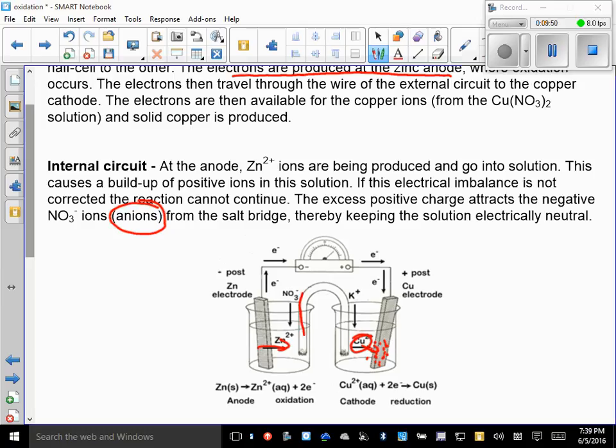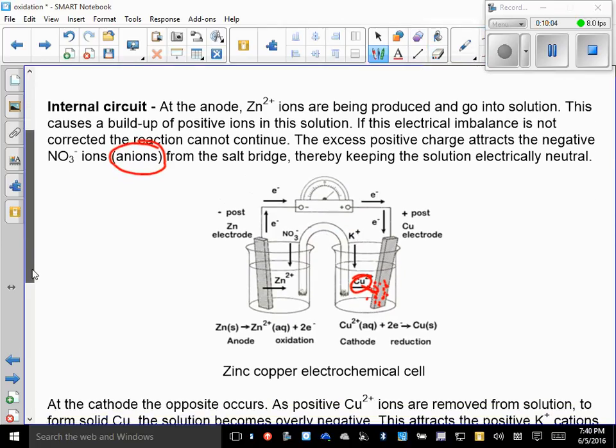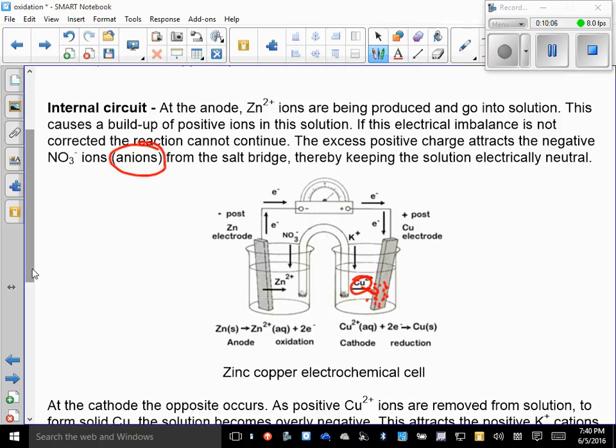So from this salt bridge, the NO3 comes out. Because remember, we have KNO3 solution. So we get a whole bunch of those negative NO3s coming out to balance the too much positive zinc. Okay, so guess where the name anode and anion came from. They're kind of the same idea.